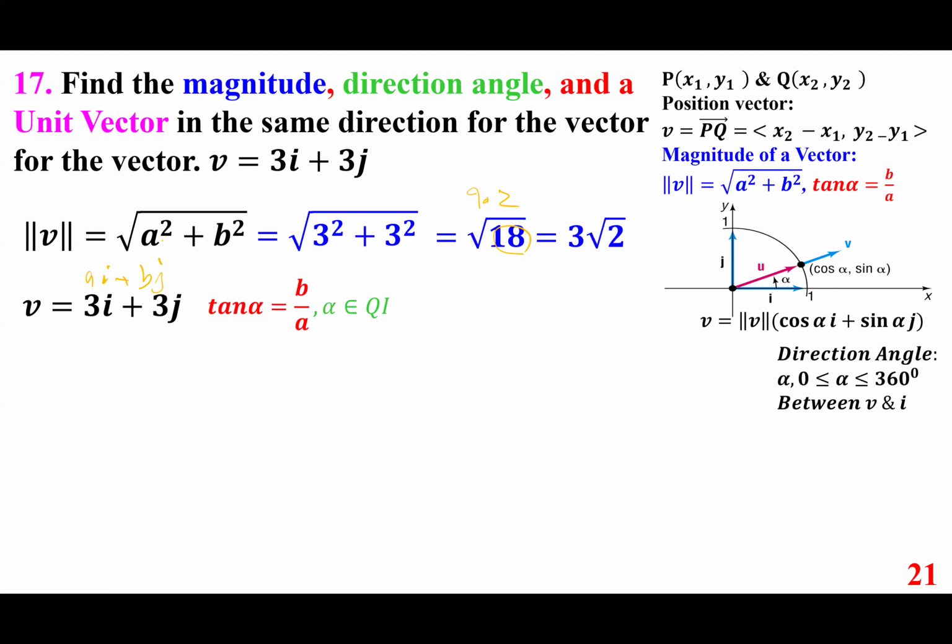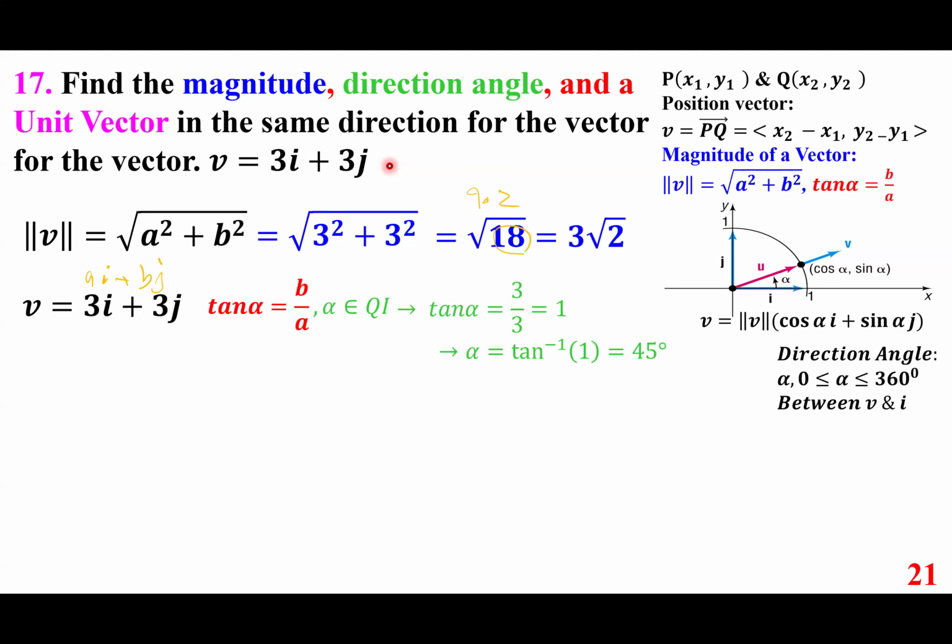This is the first quadrant, by the way. It's important to pay attention to the quadrant when you want to clearly find what the angle is. So this tangent is equal to 1, because it could be in the third quadrant, that's also 1. Because we know it's in the first quadrant, it's 45 degrees or pi over 4. So you want to pay attention to that.